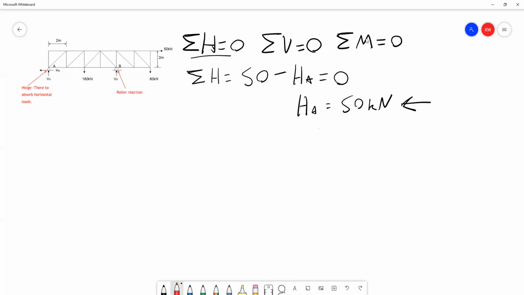So we want to find an equation that has VB in it. If we instead work out what the moment is around point A, then we'll find that VB must make a contribution to this because it's acting upwards at a distance from VA. And so this will allow us to find an equation in which we can find the value of VB. So let's do that.